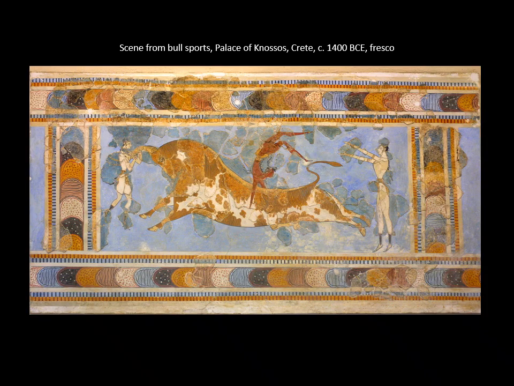And this is one of the earliest examples of the fresco method, from Crete. This is from the Palace of Knossos, and there are other sites that have this type of fresco as well. This is a bull leaping or bull sports scene that apparently was a very popular theme during this period.